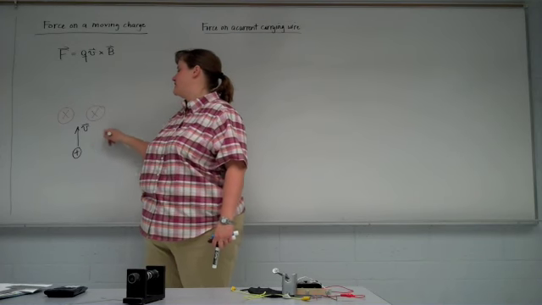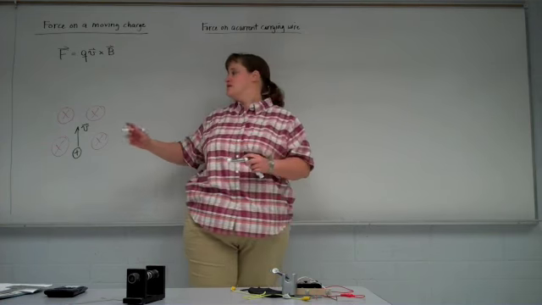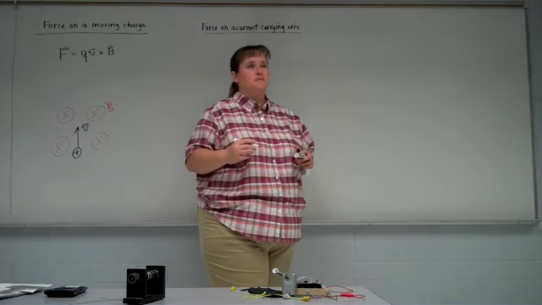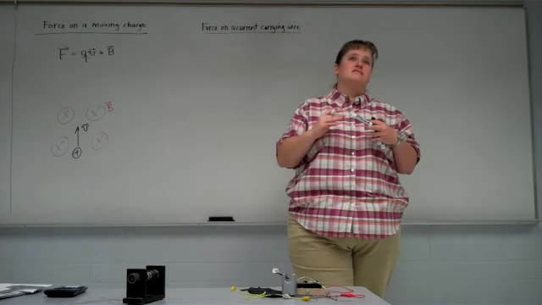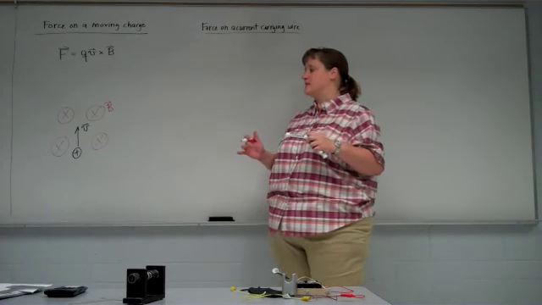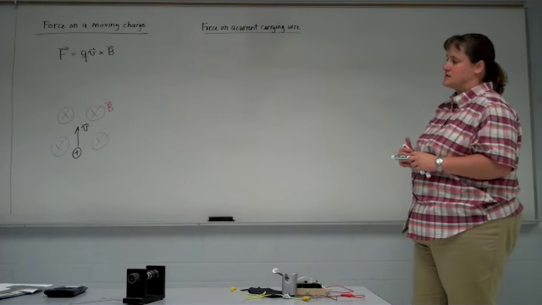Let's say the magnetic field everywhere in here is into the board. So whatever is creating this magnetic field is into the board. Now, that's not the field due to the charge itself. The charge is creating its own magnetic field. But that magnetic field I've drawn is due to something entirely different.